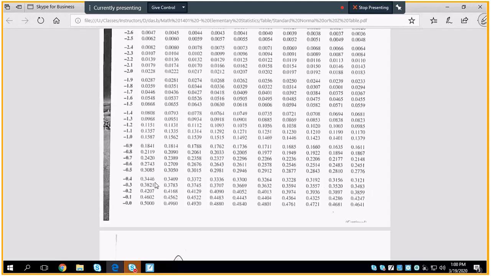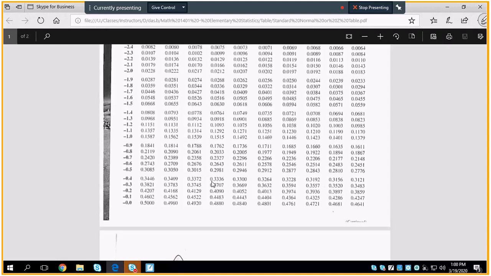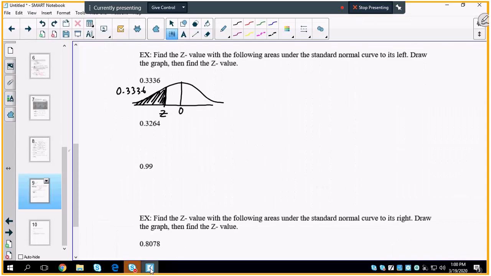I'm having a little hard time finding it. So there, 0.3336. Now see, this is in the row negative 0.4 and the column is 0, 1, 2, 3. So the z-score is negative 0.43. I wanted the z-score, and I say it's negative 0.43.